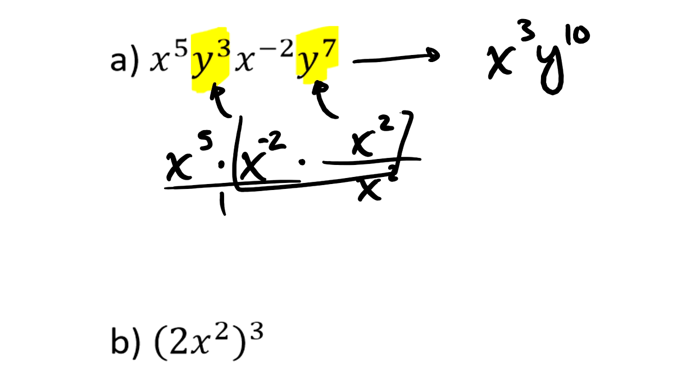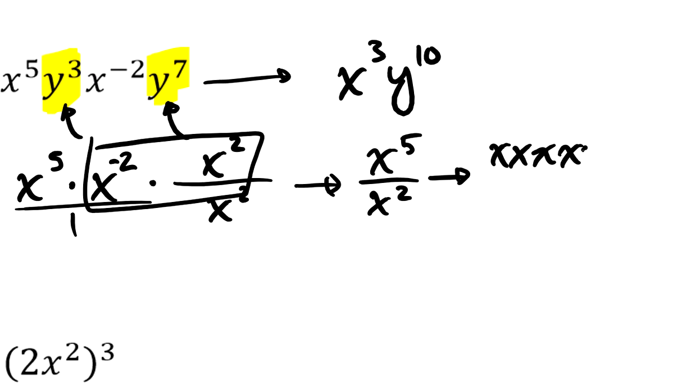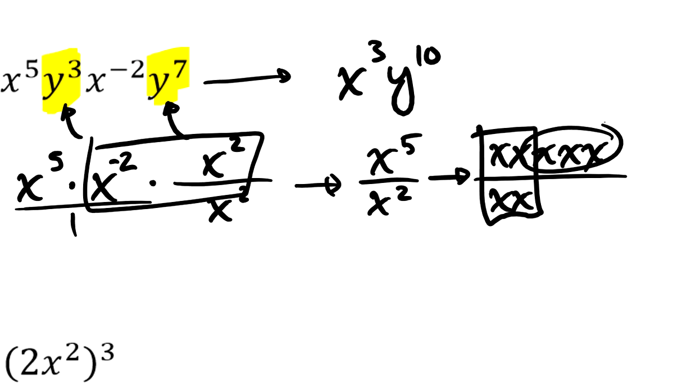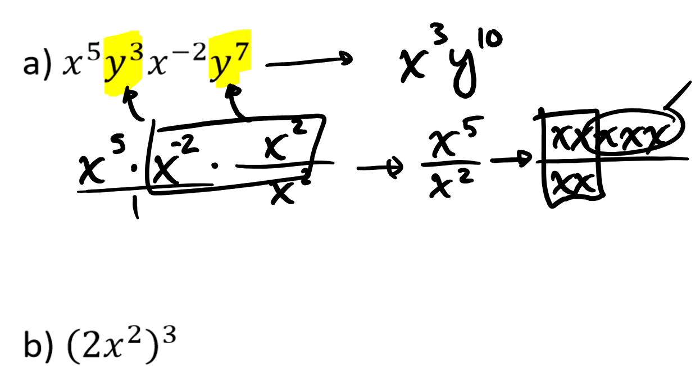I know that this is x to the 0 power, which is 1. And you can see this becomes x to the fifth over x squared. Literally there are 5 factors of x in my numerator, and there are 2 factors of x in the denominator, and you can see this giant 1. But the bottom line of the story is definitely there are 3 factors of x. This is x to the third, and that's probably overkill.